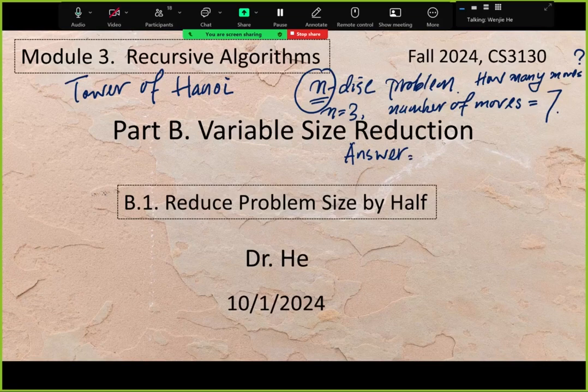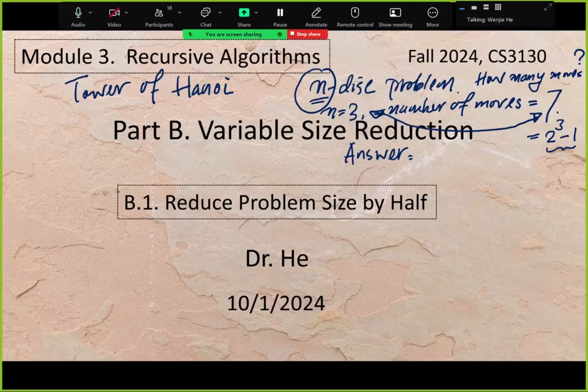To get that number, can you connect these two numbers, 3 and 7? What's the relationship? Can you see that? Here you can see 7 equals 2 to the third minus 1. 2 to the third, that's 8. 8 minus 1, 7.